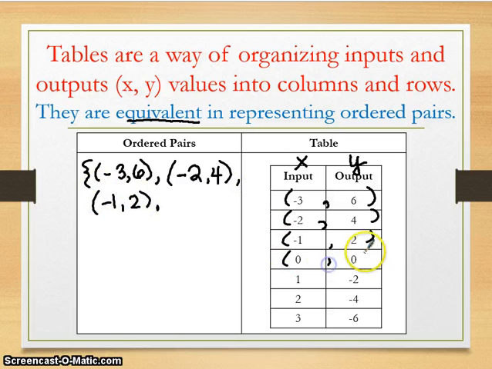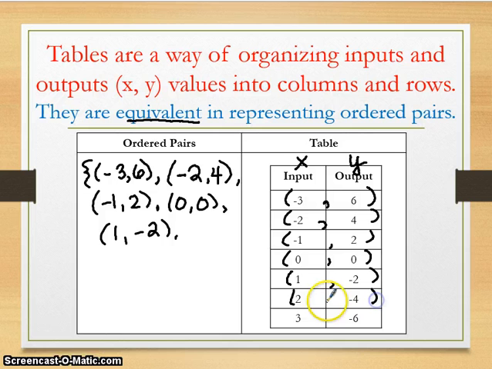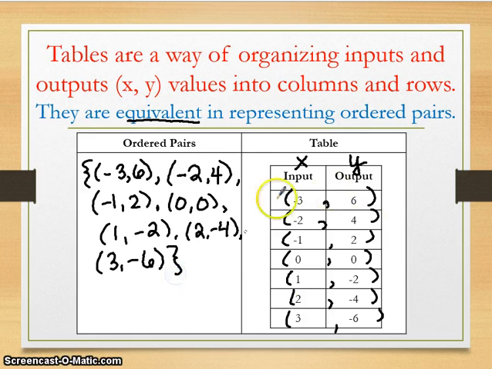This is the ordered pair 0, 0. This is the ordered pair 1, -2. This is the ordered pair 2, -4. And the last row represents the ordered pair 3, -6. And this is the set of ordered pairs represented by this table.